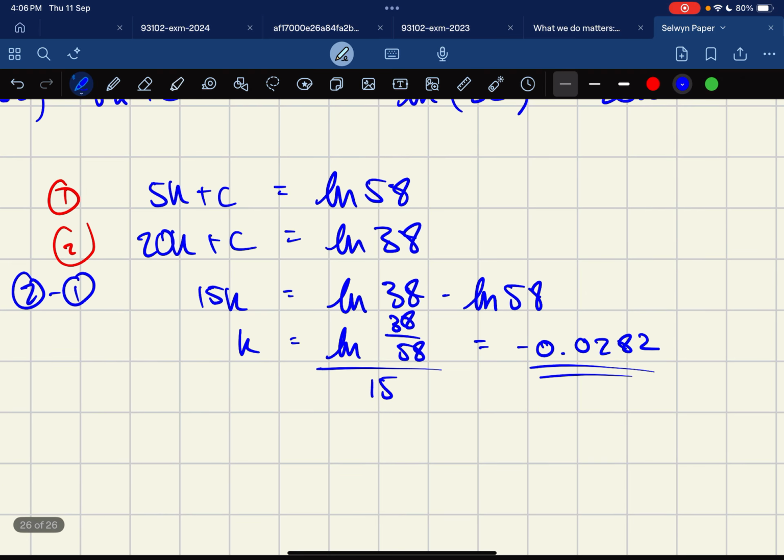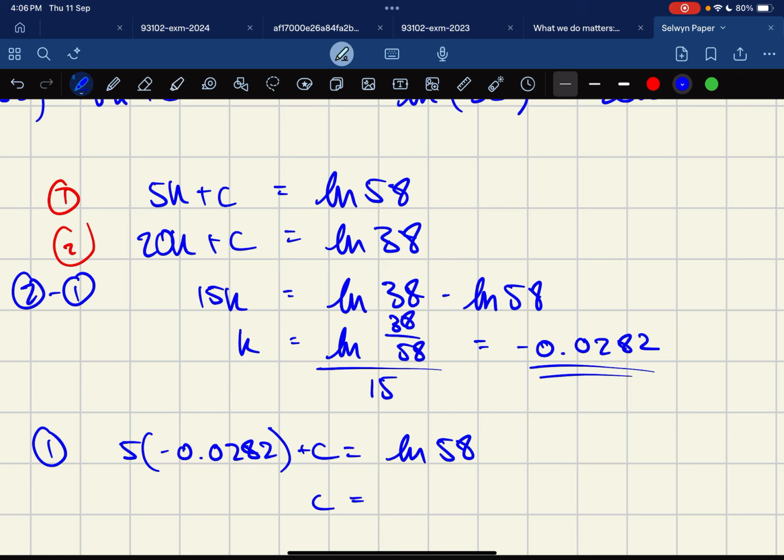Once you have your k value, you can then solve for your c value. Using the first equation, 5 times negative 0.0282 plus c is equal to ln of 58. So c is equal to ln of 58 plus 5 times 0.0282, because the negative term becomes positive when you move it to the other side.